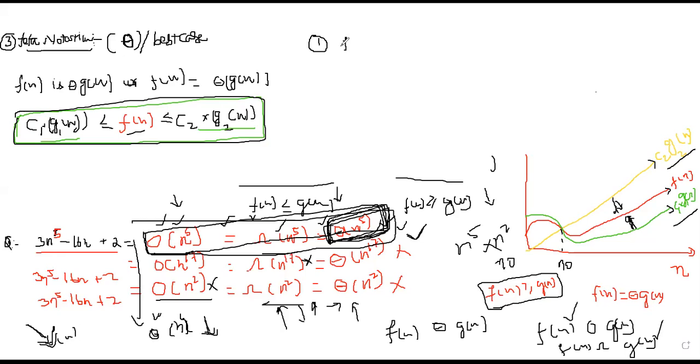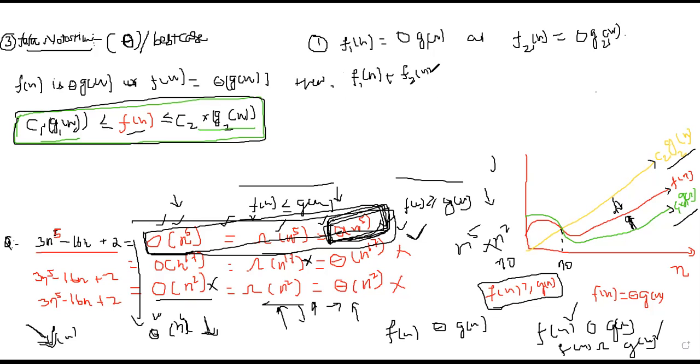What is the addition property? If f1(n) is equal to big O of g1(n), and f2(n) is equal to big O of g2(n), then suppose I am adding these two functions, f1(n) plus f2(n).